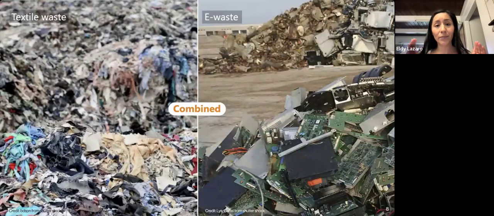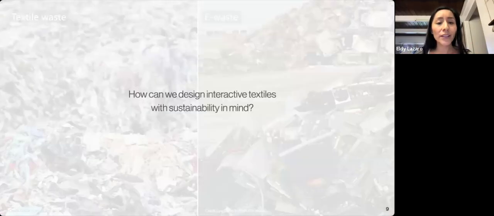And that creates a much bigger problem than we currently have with these two separate waste streams. So the leading question that I had in mind throughout my research and my PhD was: how can we design interactive textiles with sustainability in mind?